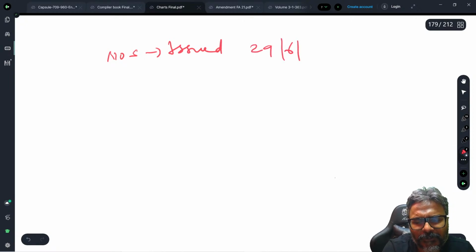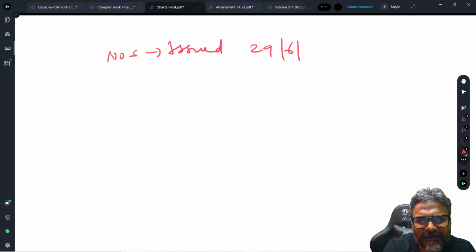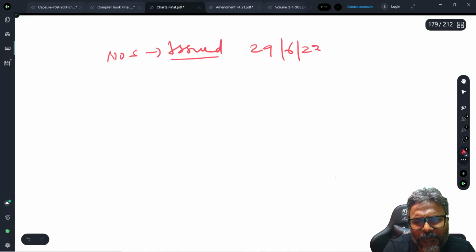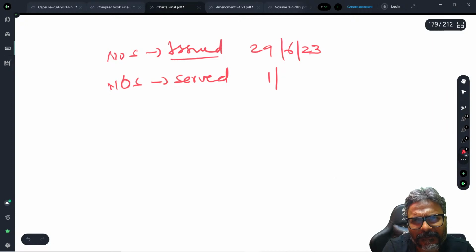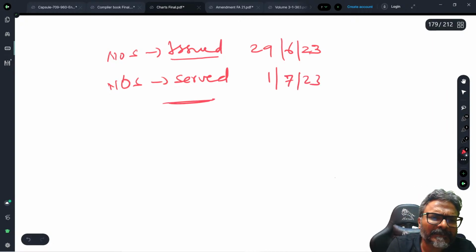Issued means it was dispatched from the department on 29th of June 2023. The same notice of scrutiny got served on 1st of July 2023.